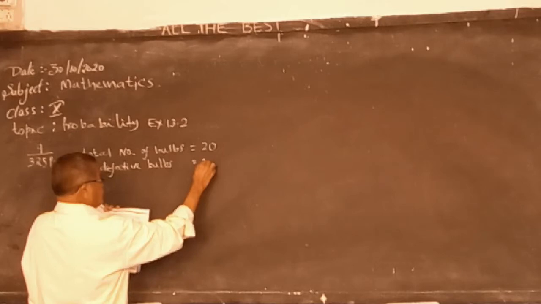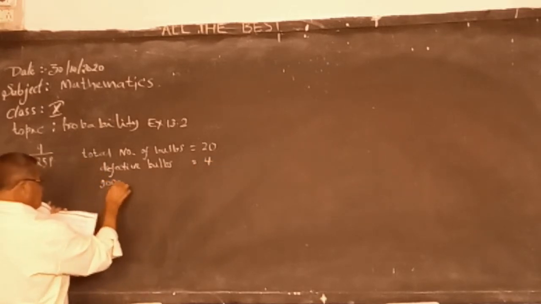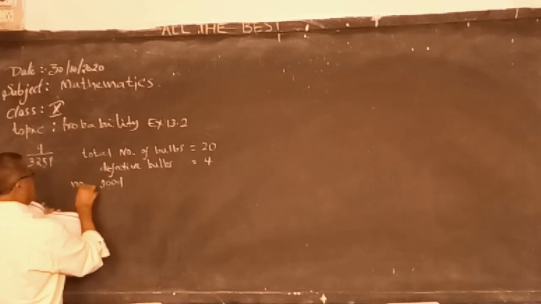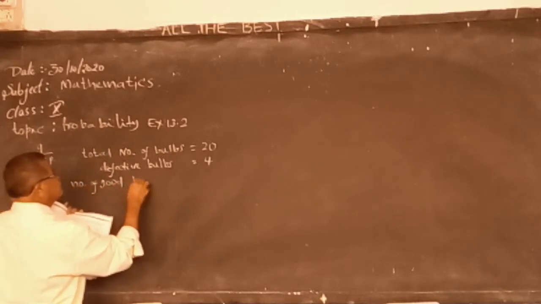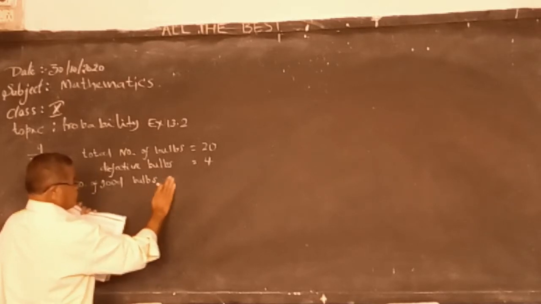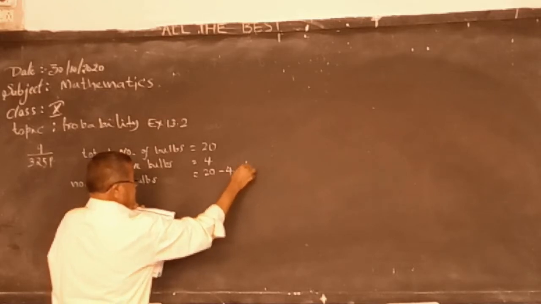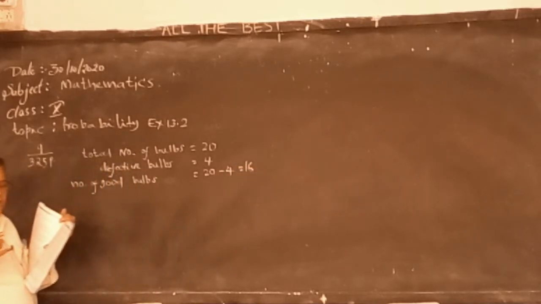Defective bulbs are 4. Good ones: number of good bulbs is equal to 20 minus 4, which is equal to 16.